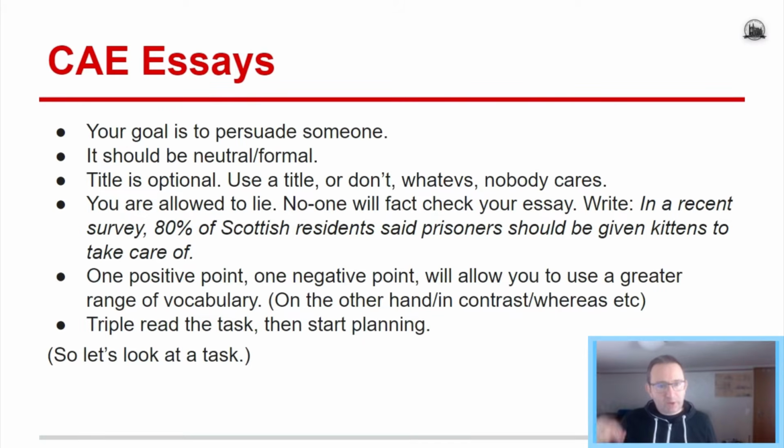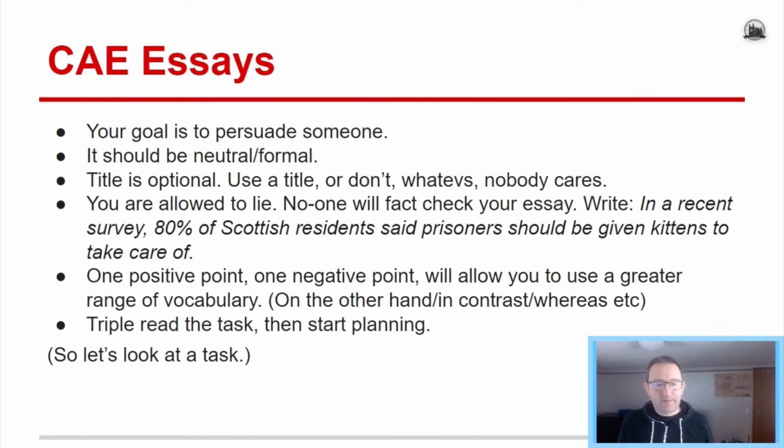I would recommend, since you're going to have two topics that you discuss, having one that you agree with and one that you disagree with, or one that you strongly agree with and one that you only a little bit agree with. I think the best is one positive, one negative, because then you can use all kinds of vocabulary: on the other hand, in contrast, whereas, and so on.